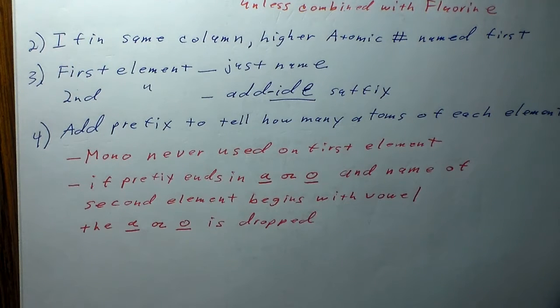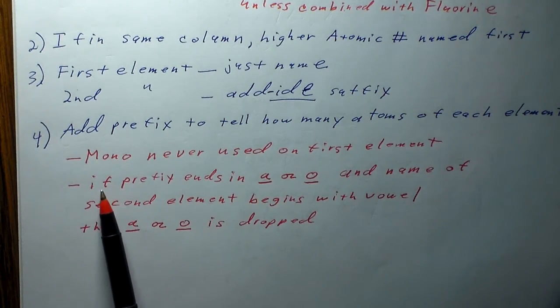And the reason for that is there's a lot of elements that have one atom in there, so it just gets a little bit redundant, so it just sounds a little weird. So the mono is just left off. But if it's on the second element, then you will use it. So that's why we have carbon monoxide, not monocarbon monoxide in that case, or carbon dioxide, but not monocarbon dioxide.